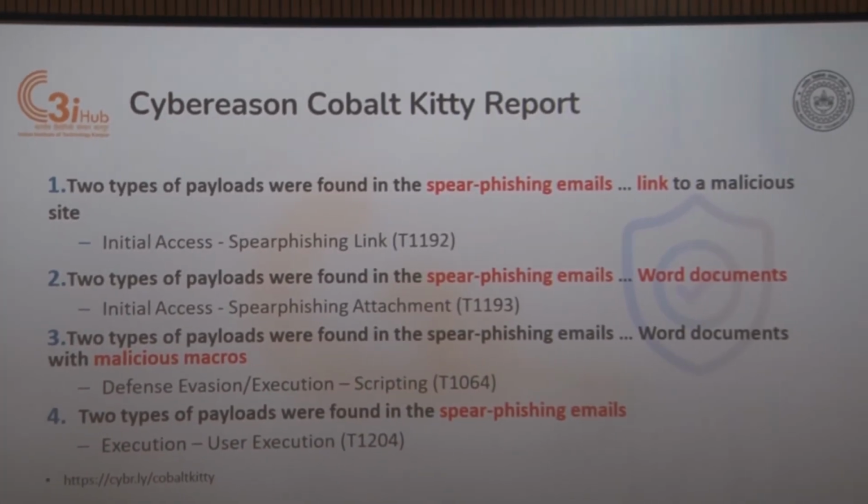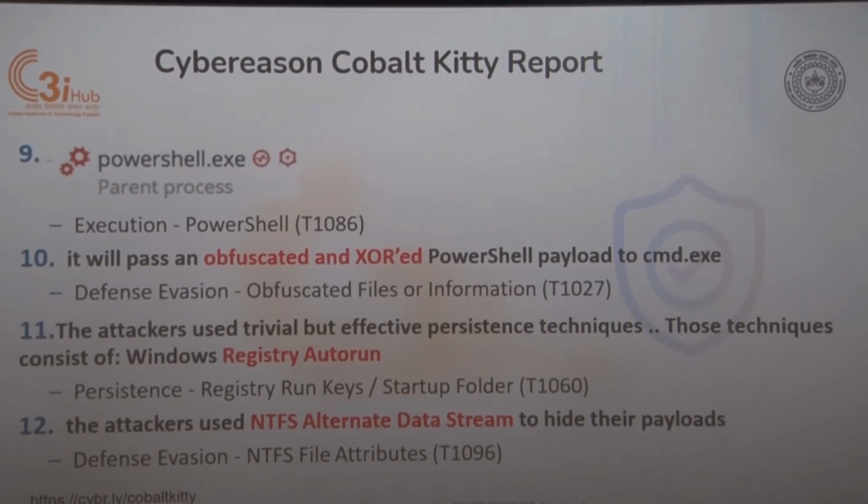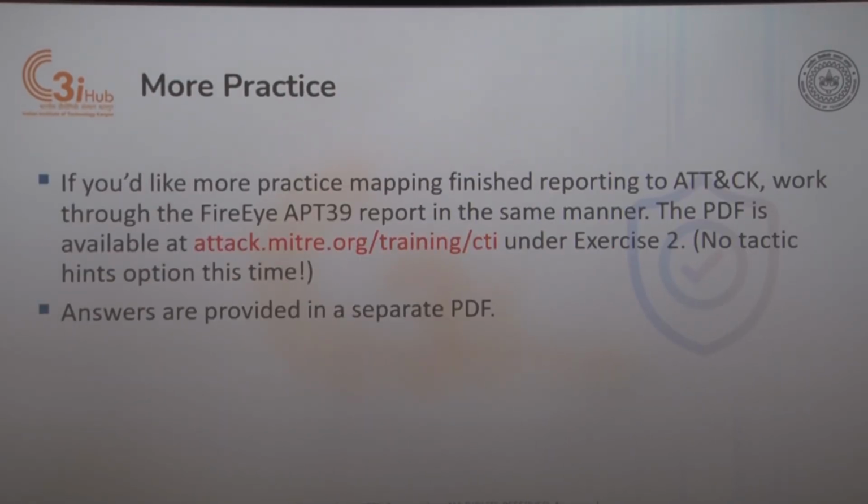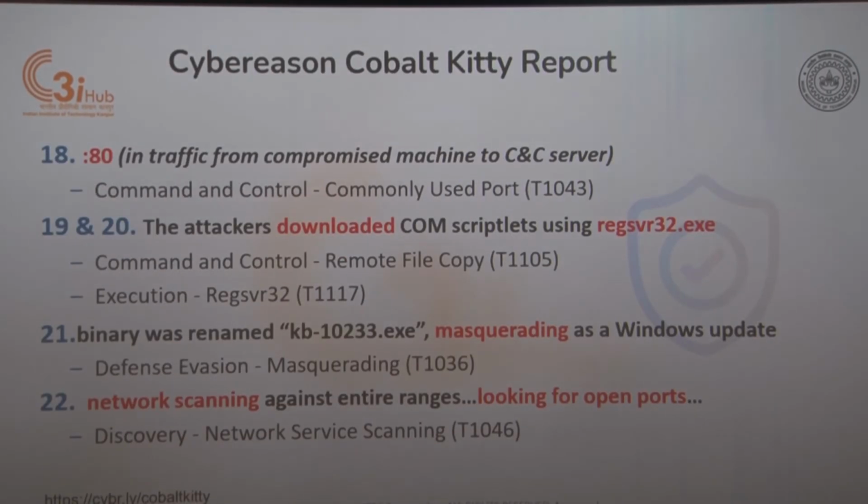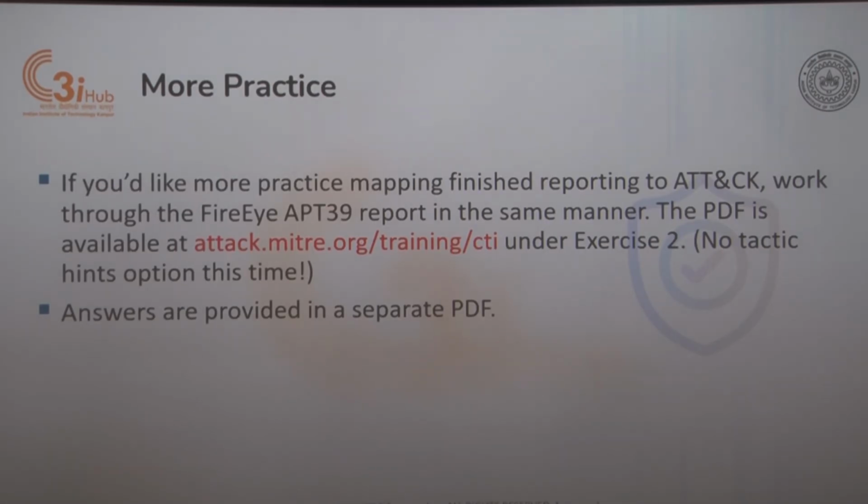Now, in the Cobalt-Kitty report, I would say 22 techniques have been used, right? At least according to their analysis. So you have to identify 22 techniques from that report, and if you do that, you will be in better shape. On the same website, you have more such reports.